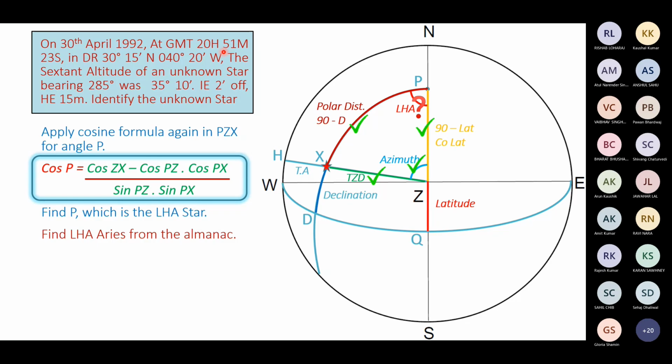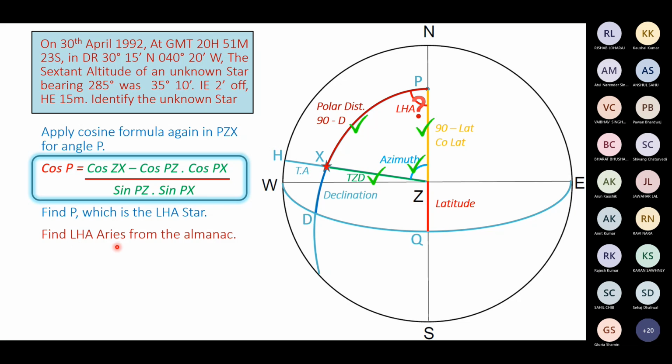In the next step, I'm going to find out the LHA of Aries using the date and time from the almanac. The GHA of Aries is given to us for every single day, hour, minute, and second of the year. Once you apply your longitude to GHA Aries, you will get the LHA Aries.